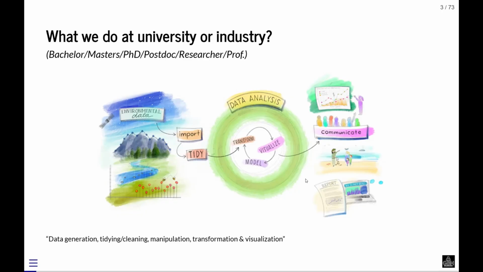So this is what we actually do. As an academic person, whether a bachelor student, master student or PhD, if he or she can become very good at that, he or she could have a very good life in university as well as in industry.